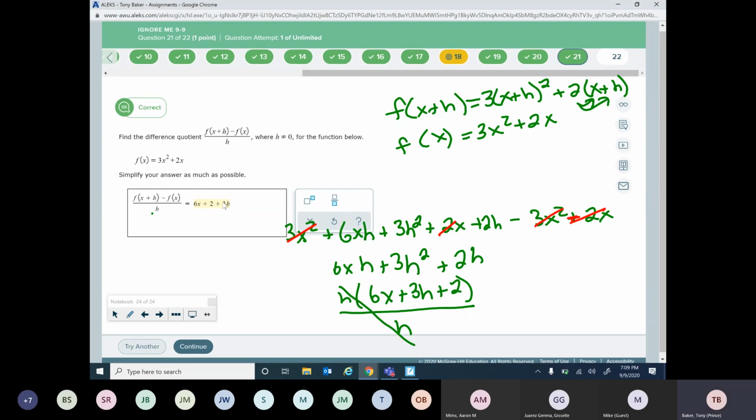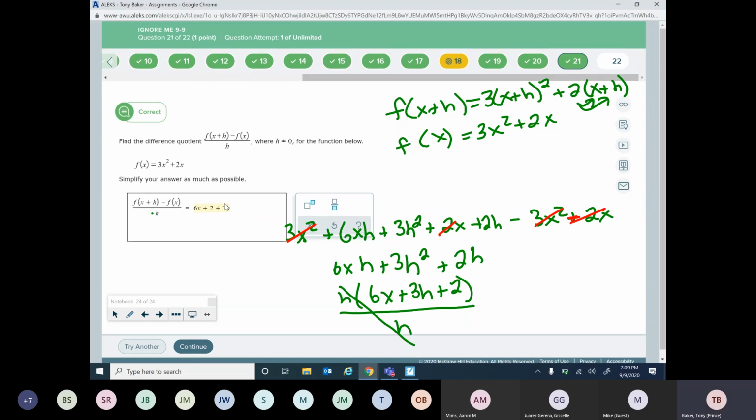And if you eliminated the 3h, the derivative of 3x squared plus 2x is 6x plus 2. Because when you're doing the derivative, you're in essence making h 0, so the actual 3h would disappear off the problem. But since I have an h in the denominator originally, I couldn't make h 0 until I got rid of that one in the denominator.